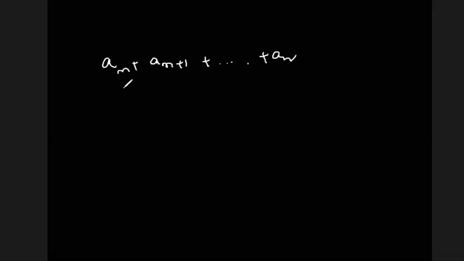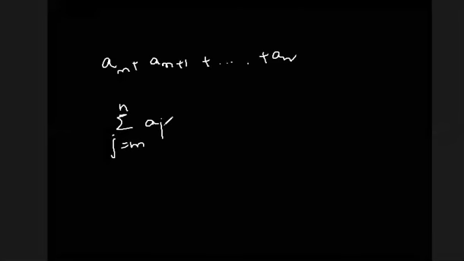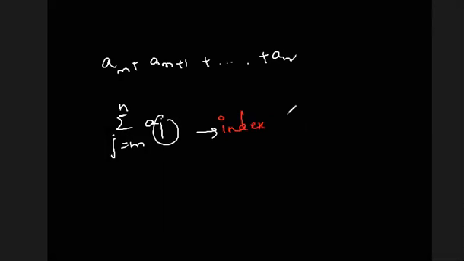Okay, so in the earlier sequence that I've shown, I told that j is equal to m to n, aj is written as the summation. So j here is known as the index of summation.